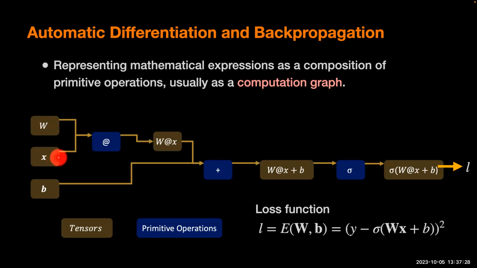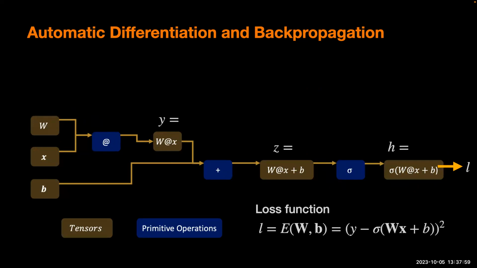I start with some x and some W, and then I do a matrix multiplication to get to this point. So the multiplication here is not elementwise, but rather the matrix multiplication. Then I sum it up with b to get to this stage, take the sigmoid function, and I get to this part. And then here I do Y minus this part, and take the square. So all these individual parts are primitive operations.